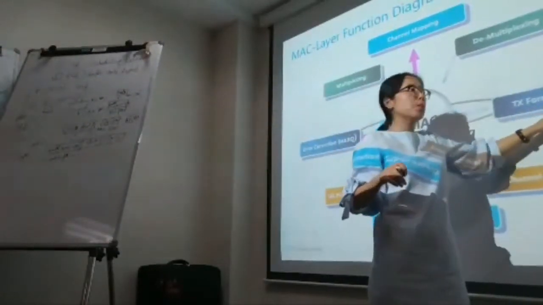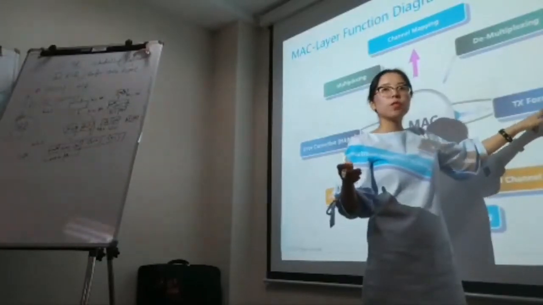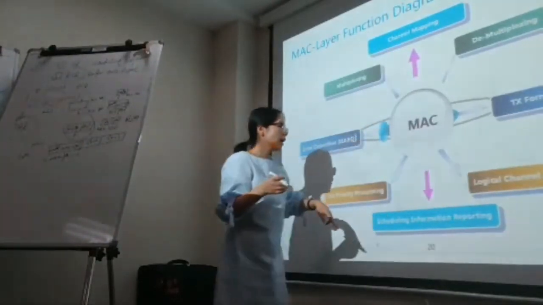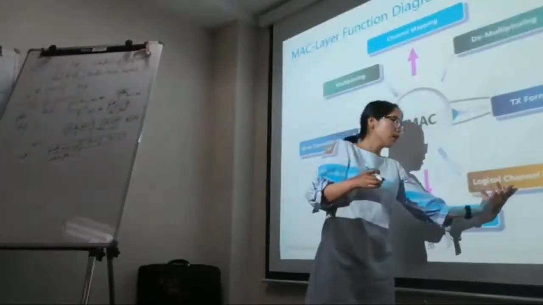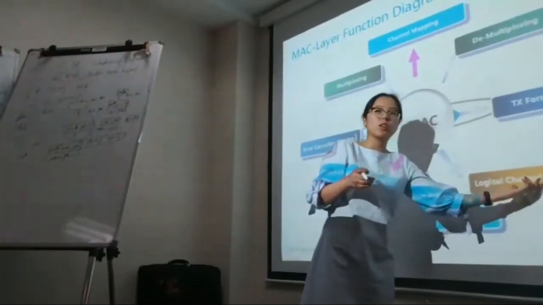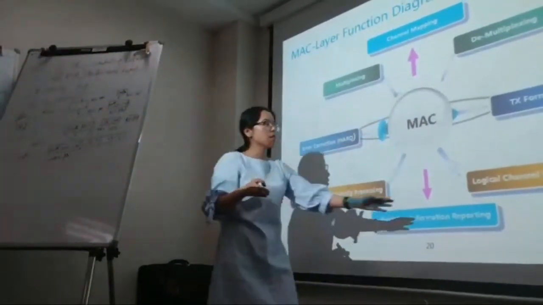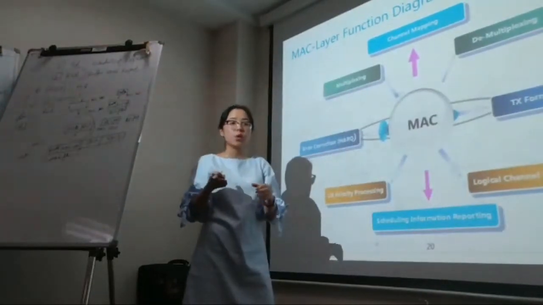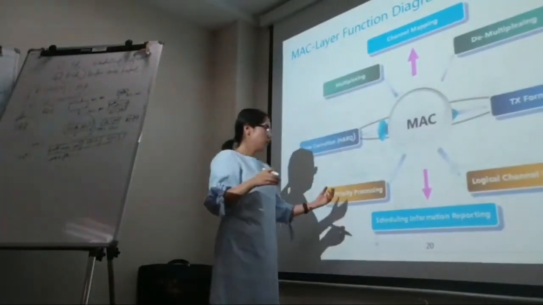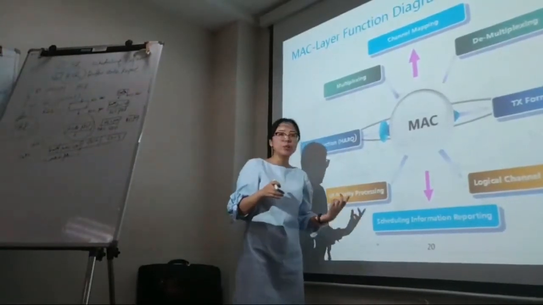We will select a proper transport format, that is MCS, for the UE. And for the eNode B side, it has logical channel priority handling between UEs, while the UE side has logical channel prioritization.